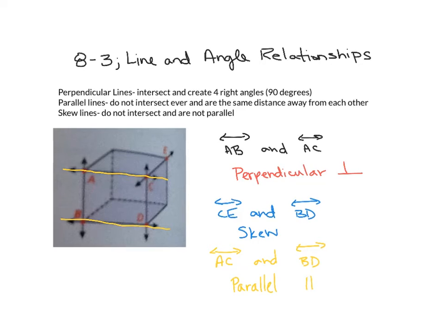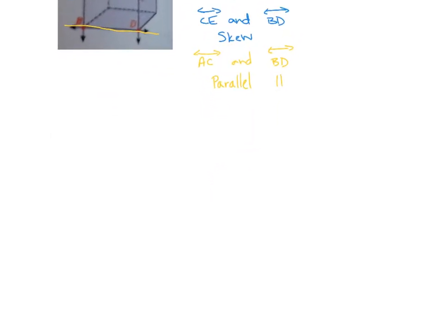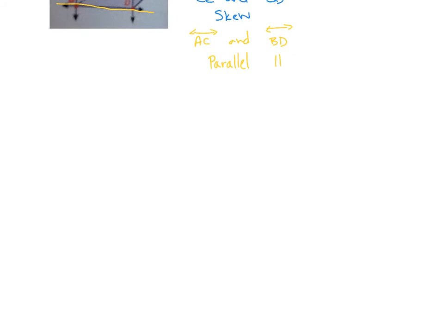So now we have more definitions. The next word we have is adjacent. Adjacent angles have a common vertex and a common side. Okay?